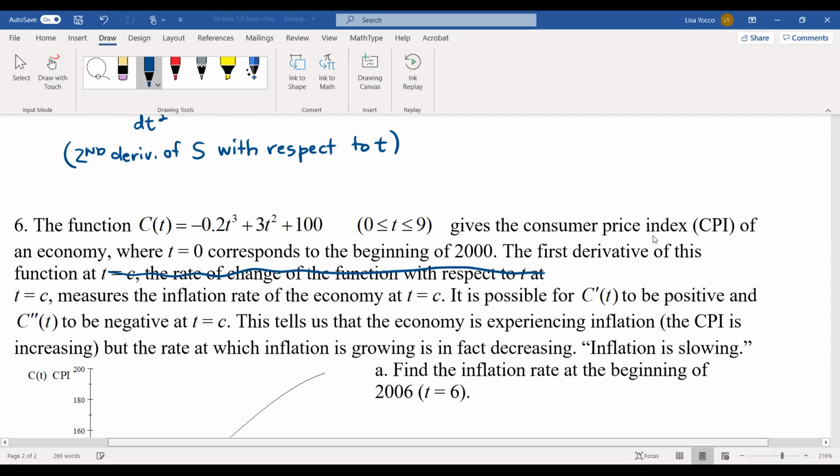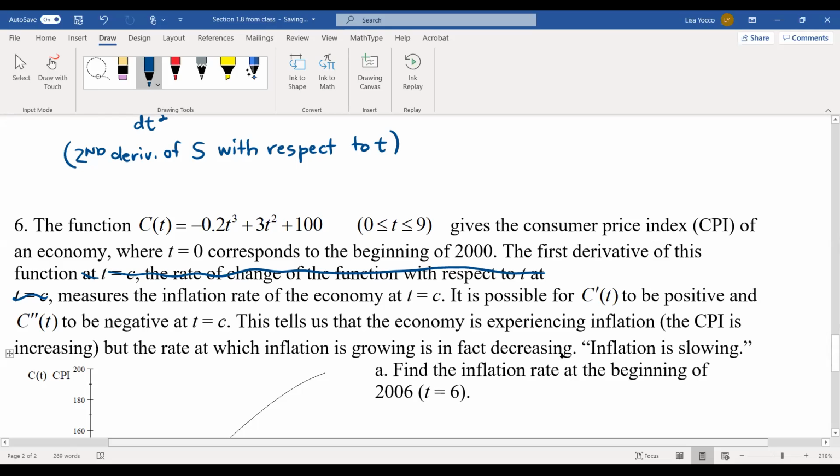Let's just say the first derivative of this function measures the inflation rate of the economy at t equals c. So the consumer price index tells something about the economy, and the rate at which that is changing, that's how they compute inflation.